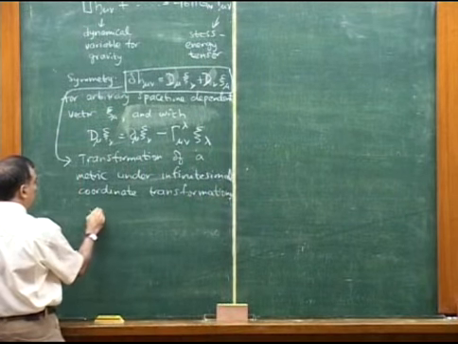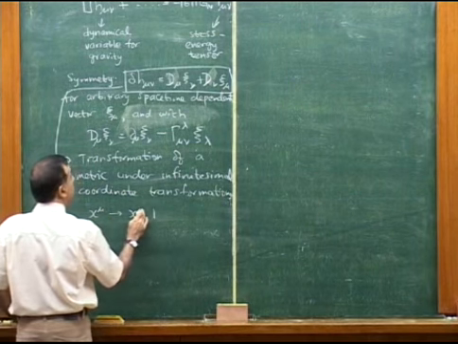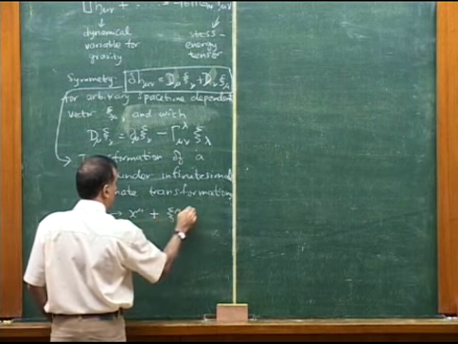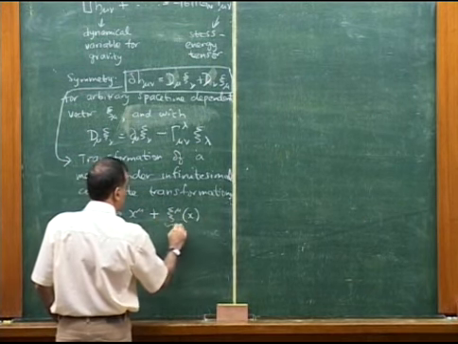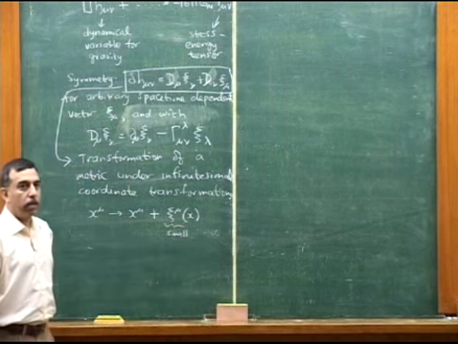And the coordinate transformation is therefore that x mu is replaced by x mu plus some vector psi mu of x, which is taken to be small. This is an infinitesimal coordinate transformation.